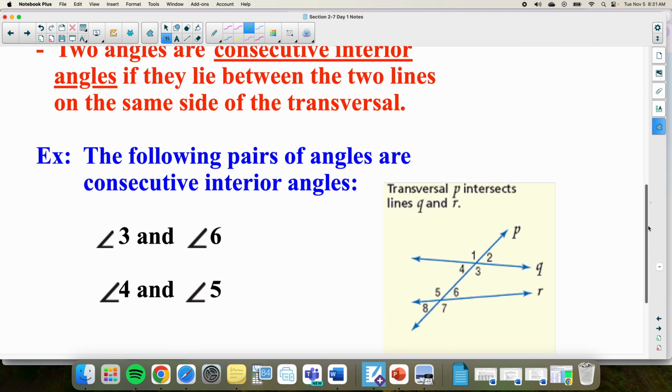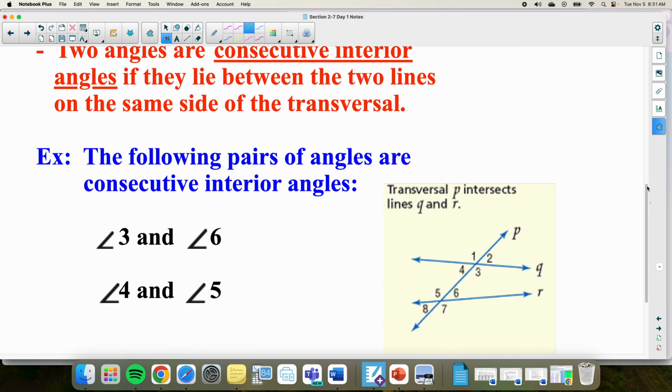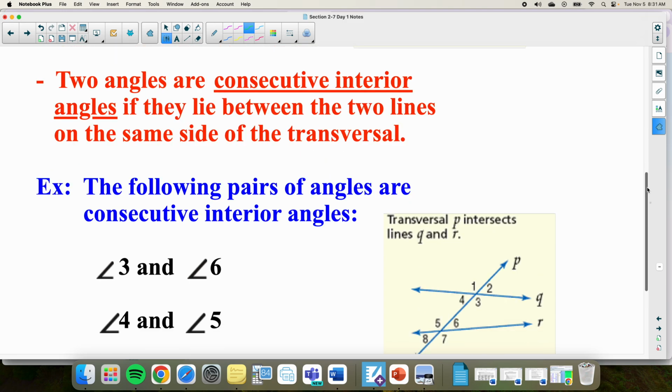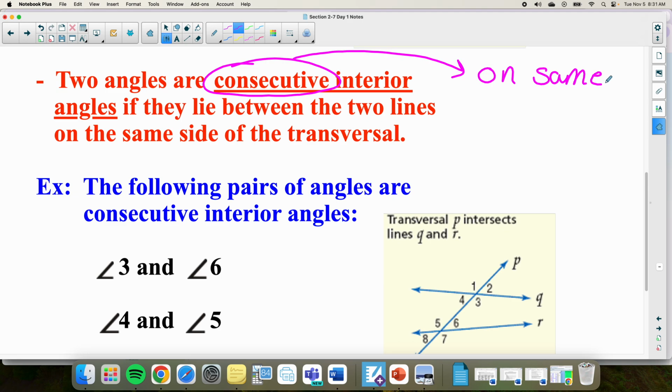Then if we get to our last kind, these are called consecutive interior. Now, consecutive is the opposite of what we just talked about alternate being. Consecutive means on the same side of the transversal.